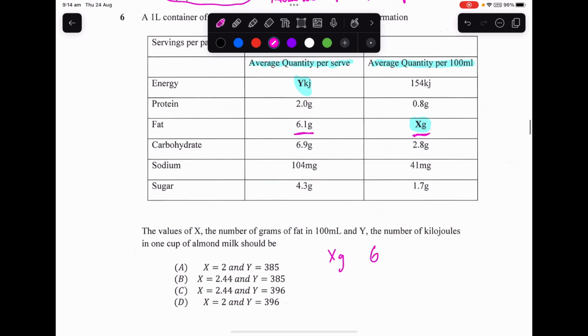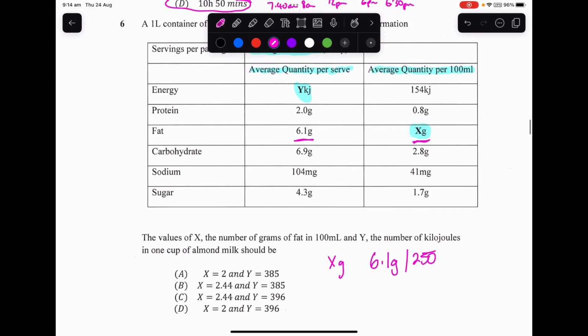So X grams. If this is 100 grams, this is 6.1 grams. So our 6.1 grams is for 1 serve, and we know that our 1 serve is 250 mil. Okay, so if we've got 1 serve at 250 mil, I want it to go over to this side to 100 grams.